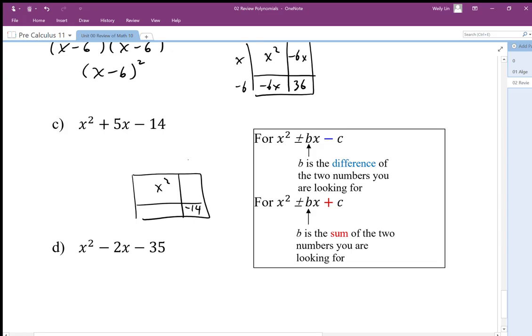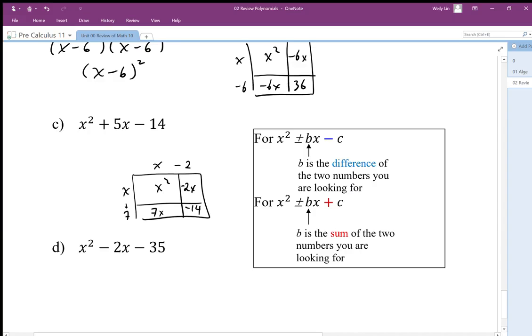And I know that this is going to be x and x to get the x squared. To get 14 here, I need to have 2 times 7, or 1 times 14. In order to make this work, I need a minus 2 here to get the negative 2x, and this is going to be positive here. So to get the negative 14, one has to be negative, one has to be positive.